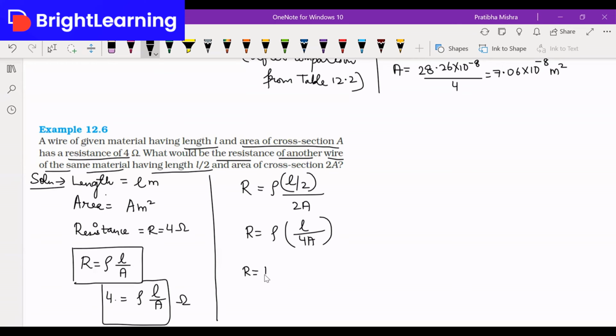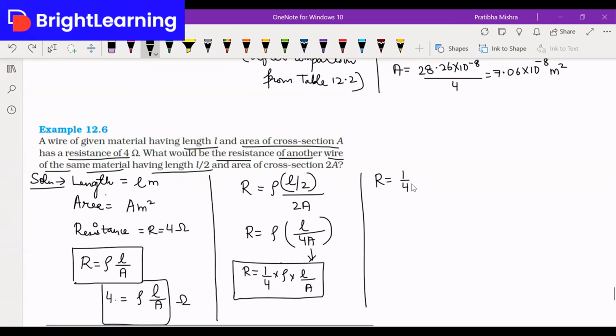So it will be just 1 by 4. Take 1 by 4 as a constant number outside. Multiply it with rho, multiply it with L by A. This equation can be written in this way. So what does this mean? This is nothing but 1/4 of the previous resistance. Why? Because rho L by A is the original formula here.